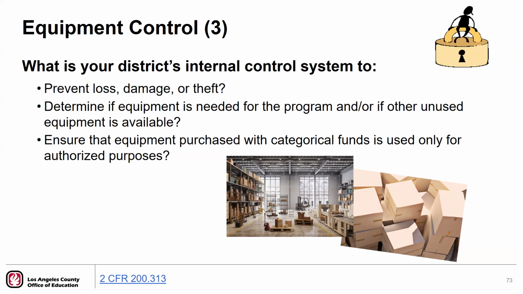A control system must be in place to ensure safeguards for preventing property loss, damage, or theft. Any loss, damage, or theft of equipment must be investigated. And so the recipient must notify the federal agency or pass-through entity of any loss, damage, or theft that will have an impact on the program.